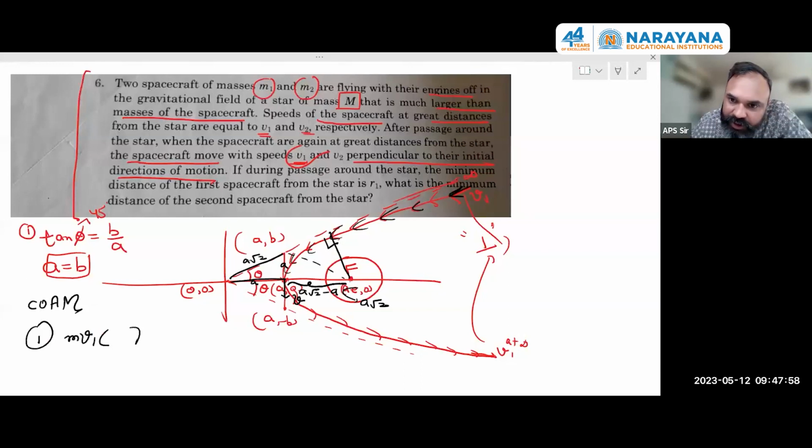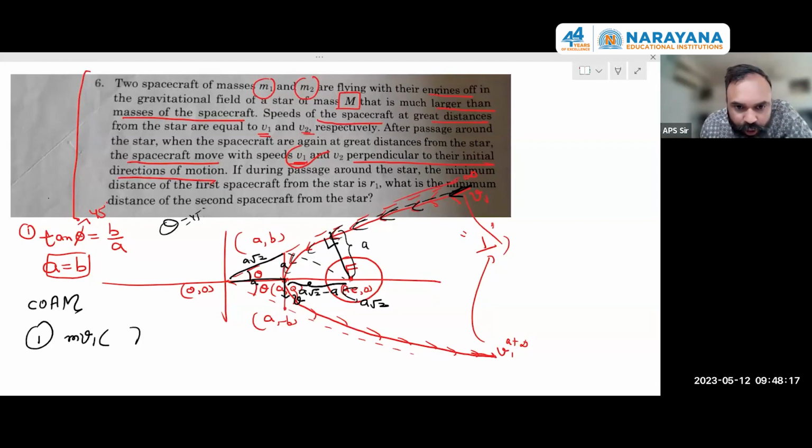So when the particle was here, his angular momentum about the focus of the star is this distance, and the total distance is A root 2, and this angle is 45, theta is 45. So this distance comes out as A.